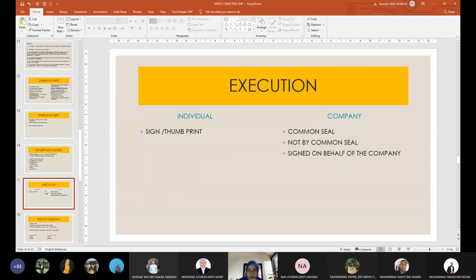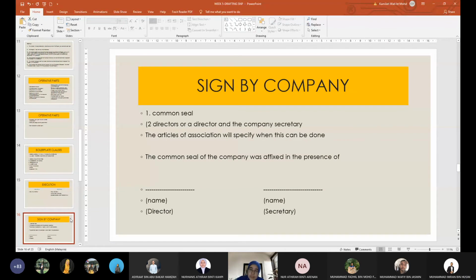So execution of the document ni kalau individual it can be by signature and also by thumbprint. Kalau by company dia boleh guna common seal, not by common seal or sign on behalf of the company. So company ni ada beberapa mode yang dia boleh attach the signature, namanya melalui common seal. Common seal maknanya dia pakai seal company tu.